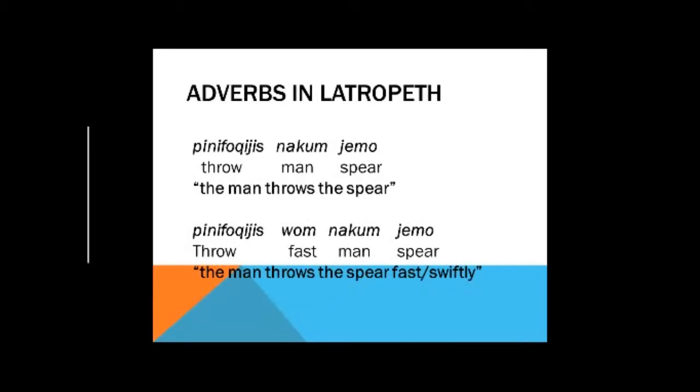So you've got pine folde gis na kumniemo, throws the man the spear, or in natural English, the man throws the spear. In the second sentence, we have the man throws the spear fast or swiftly, with the adverb wom, meaning fast, thrown in. Note that the adverb is following the verb form directly. Pine folde gis wom na kumniemo.